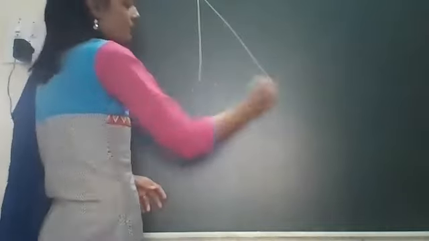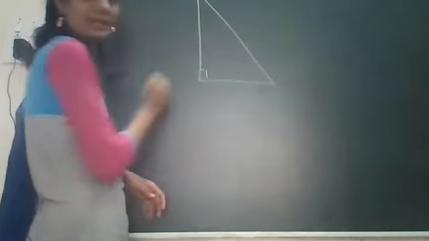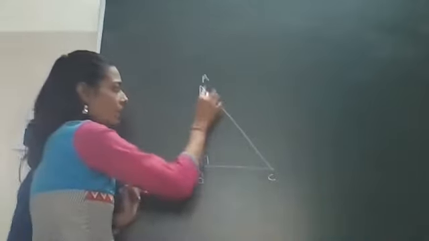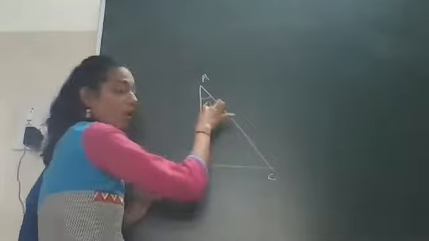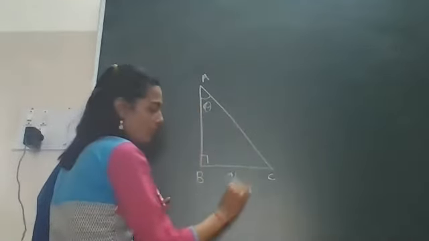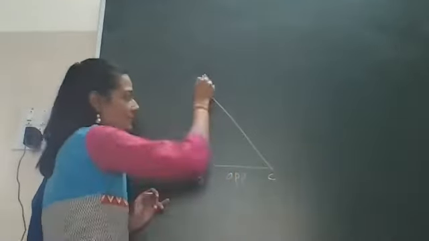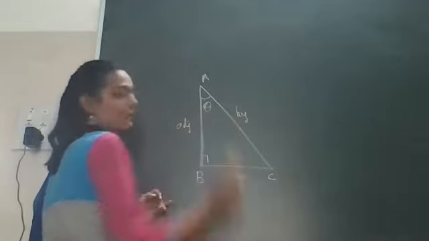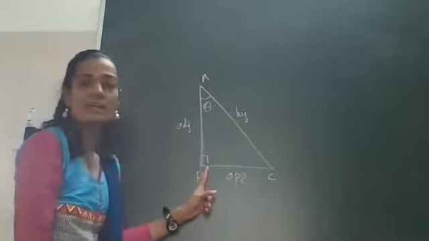Now we'll understand this again. Last time we did the right angle triangle. In that we considered an angle theta. From this theta, this is called the opposite side, this side is called the adjacent side, and this is called the hypotenuse because it is a right angle triangle.